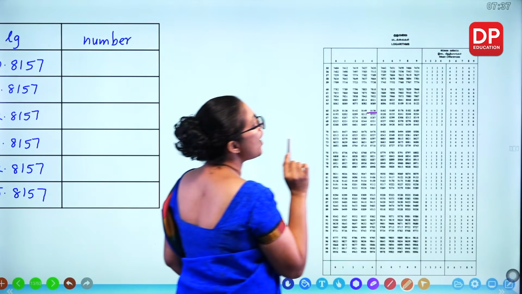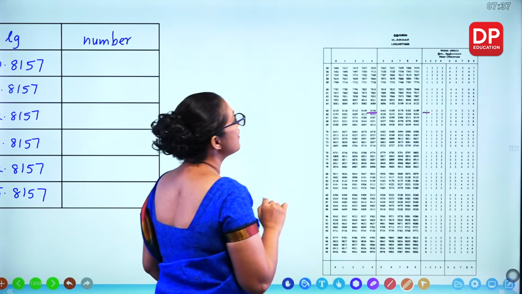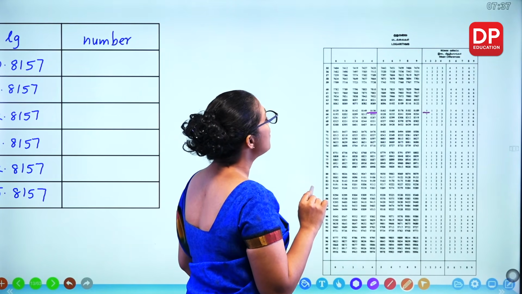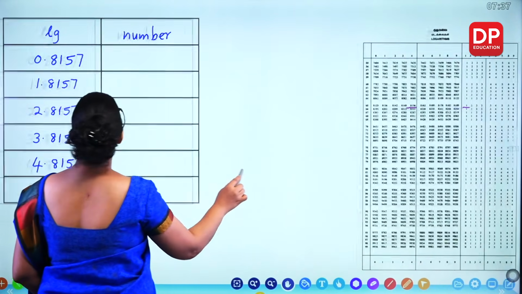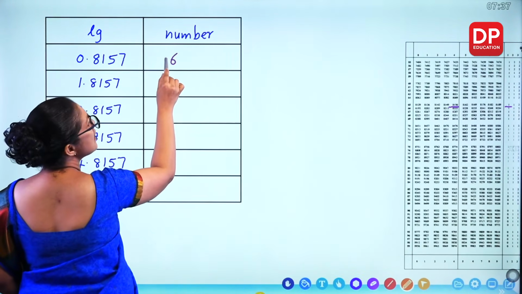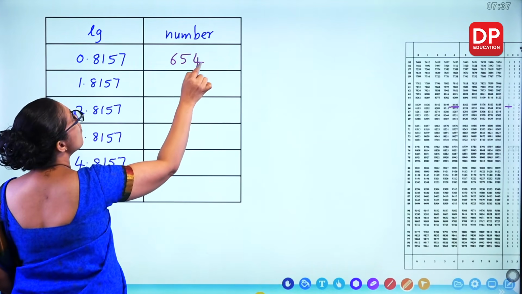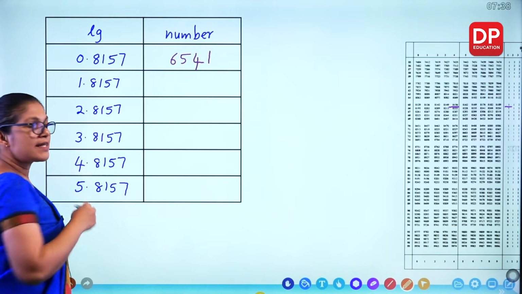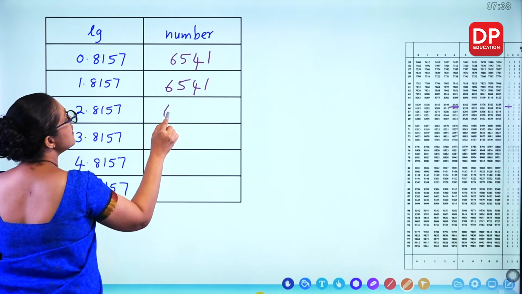We need one more; the lowest value is 1. So 6541 is the anti-log value. All these mantissa values are the same. You get 6541 for all these.